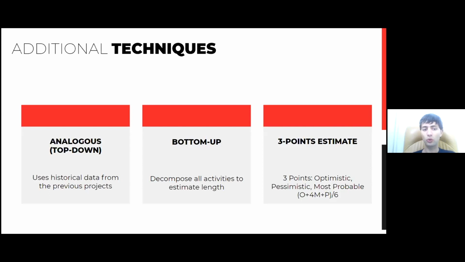So this is really useful technique, but of course it doesn't provide precise numbers because there are a lot of details and differences between the projects, and there is no similar project to estimate precisely with top-down estimate.